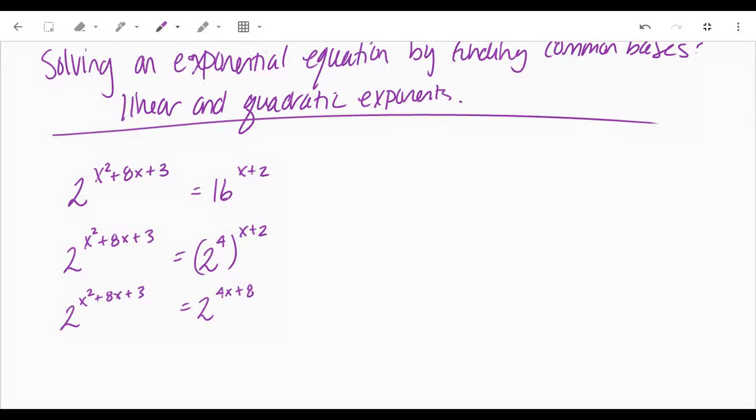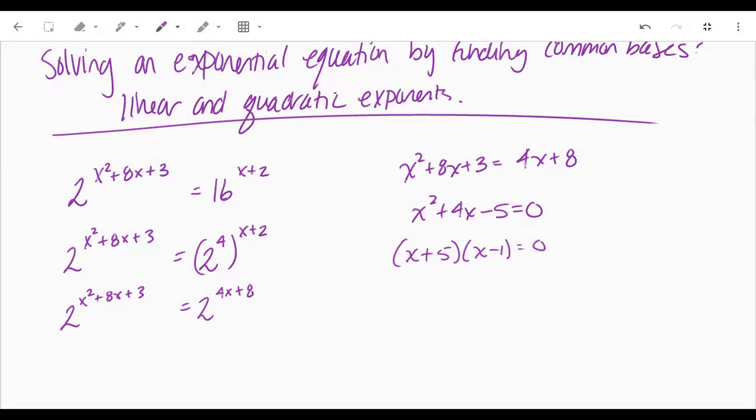So now we just have to figure out when does x squared plus 8x plus 3 equal 4x plus 8. And it's just a nice little quadratic, right? Get everything on the same side. Factor it. So we'd have an x plus 5 and an x minus 1. And then solve. X is either 1 or negative 5. So similar to what you've already seen before. Okay? All right, that's it then.